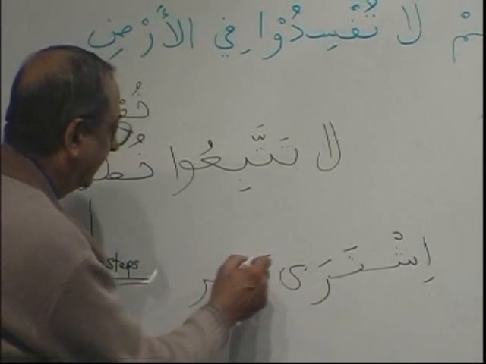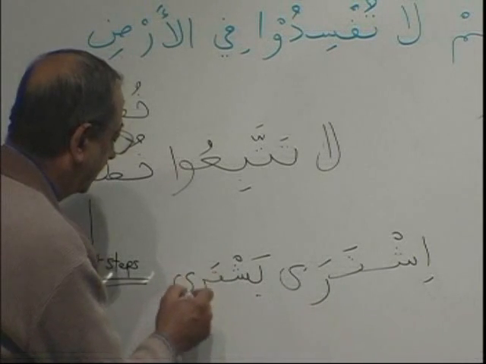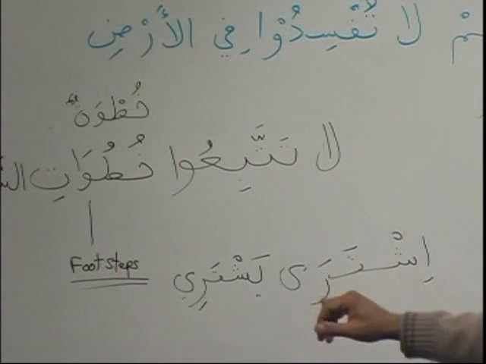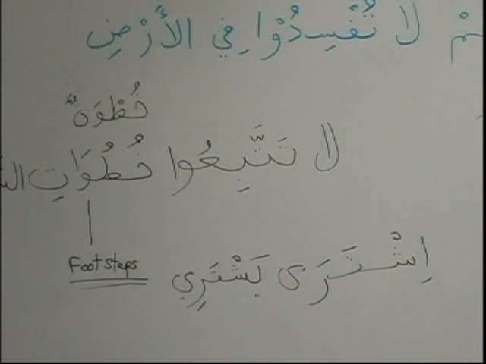Yashtari. Okay, brothers and sisters. Again, as you can see, the lam kalima is a weak letter. It will not conjugate in a normal way. So we are going to leave it.